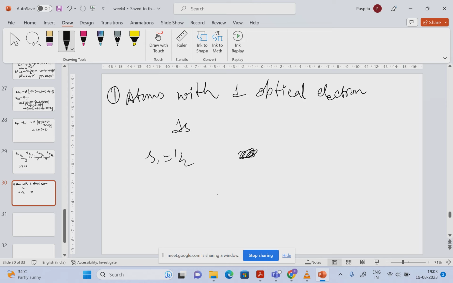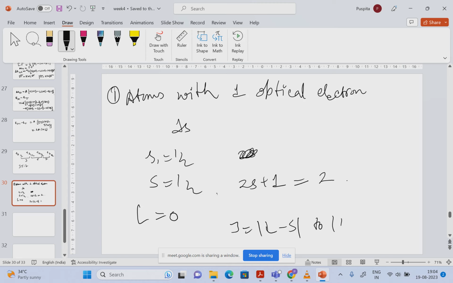So S will be half. Multiplicity 2S plus 1 will be 2. L is 0 for S. So J is L minus S to L plus S, which is basically half plus 0 to half minus 0, which is half.